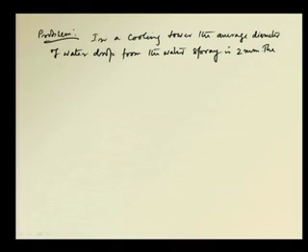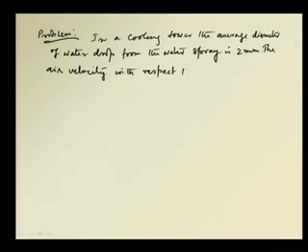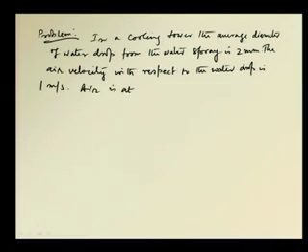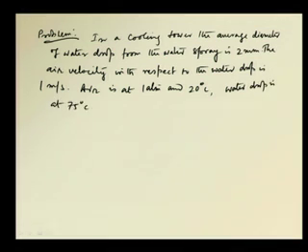The air velocity with respect to the water drop is 1 meter per second. Air is at 1 atmosphere and 20 degree centigrade. Water drop is at 75 degree centigrade.